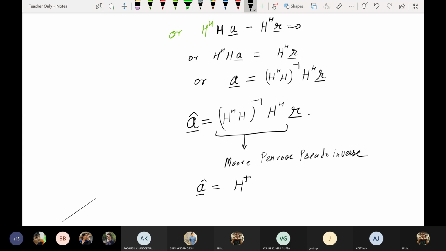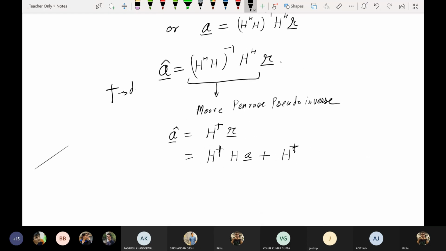H dagger, H dagger H A plus H dagger. Not a plus sign, this is a dagger. This is the dagger actually. It becomes slightly different every time.